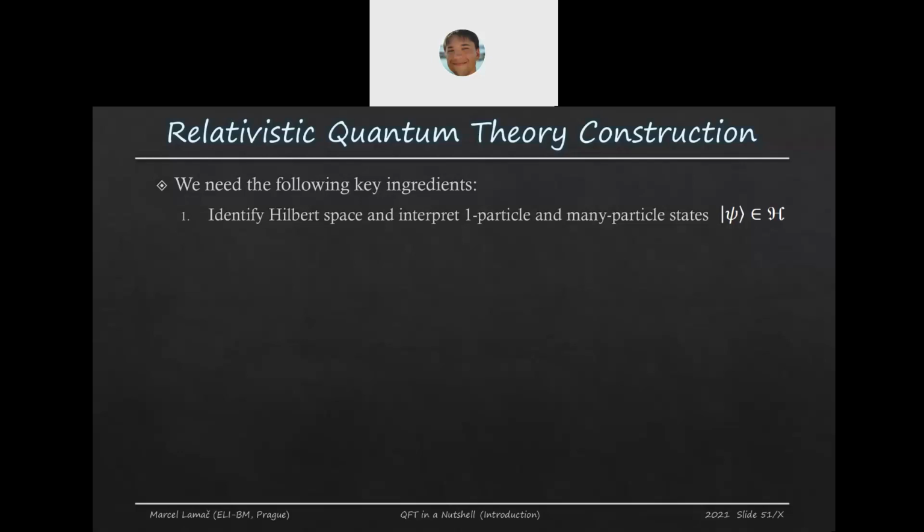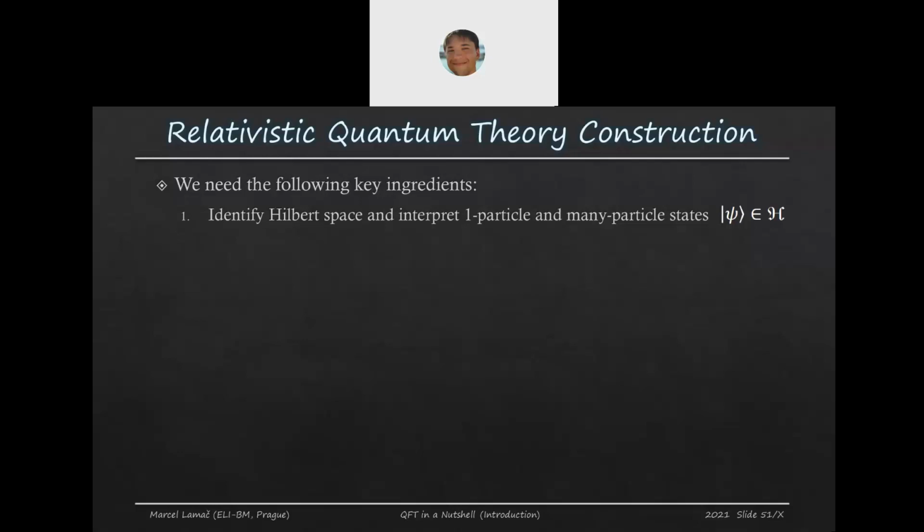As we will see, this will correspond to the one particle and many particle states. And the second condition: if we were talking only about non-relativistic quantum field theory, then this would be the only requirement, and the additional requirements would follow from, let's say, additional symmetries or some other requirements.